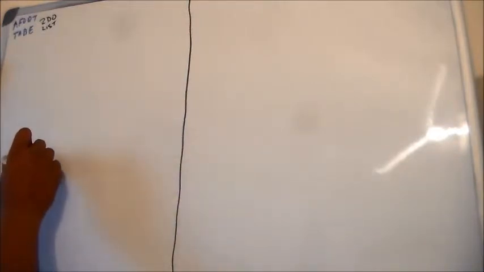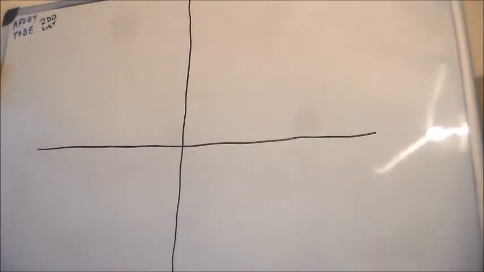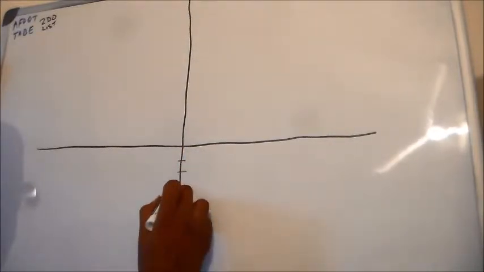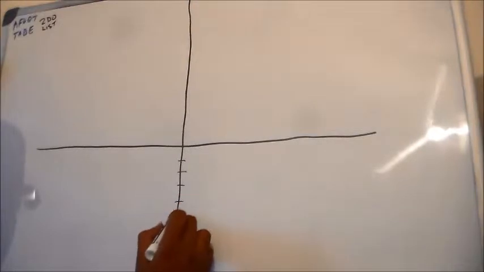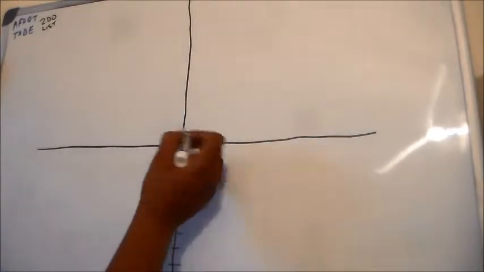Let's just say I have dots here that you probably can't see, but I'm going to make a y-axis, and I'm going to make an x-axis. Okay, and I'm going to make my points, 1, 2, 3, 4, 5, 6, 7, 8, 9, 10.